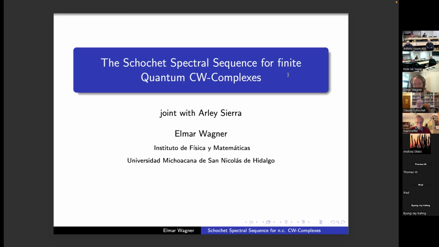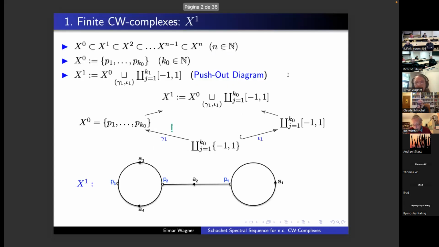So we know it exists, we know how we describe them, but we have no explicit description. And that makes it difficult to compare on the nose the K theory of the quantum CW complex with its classical counterpart. So let's start. And then I start very slowly.